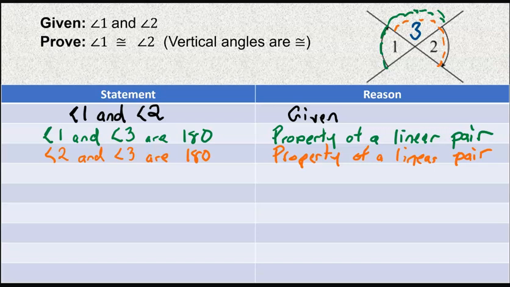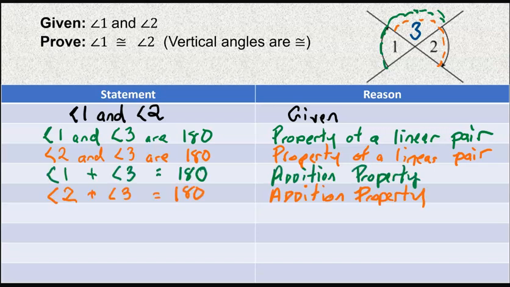So, my next step from here is to use or employ the addition property. I've added in the statements for the addition property. You may be saying to yourself right now, it looks like I'm saying the same thing twice. And I kind of am, but kind of not.